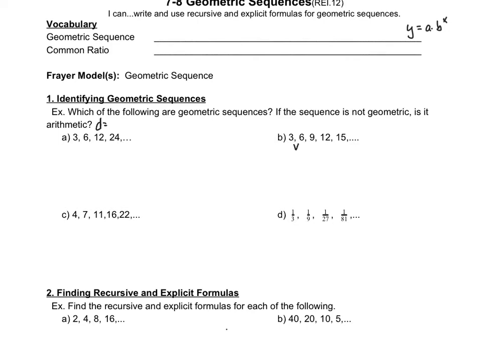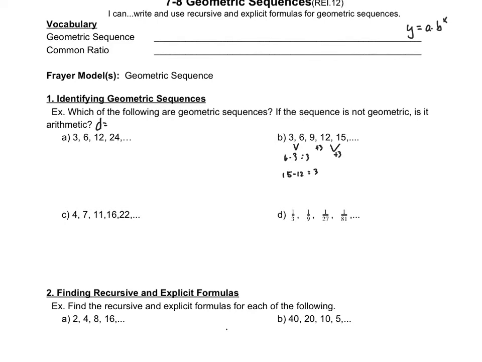So if we look here at B, we have 6 minus 3, which is 3. And then if we took any of the other terms, 15 minus 12 is 3. So it looks like I am adding 3 each time I go to the next term. So that would be arithmetic. That is not, in this case, geometric.